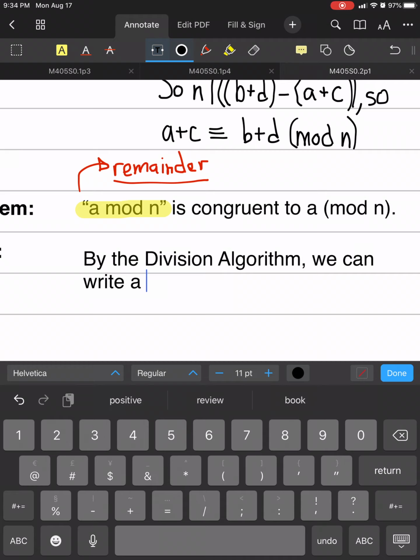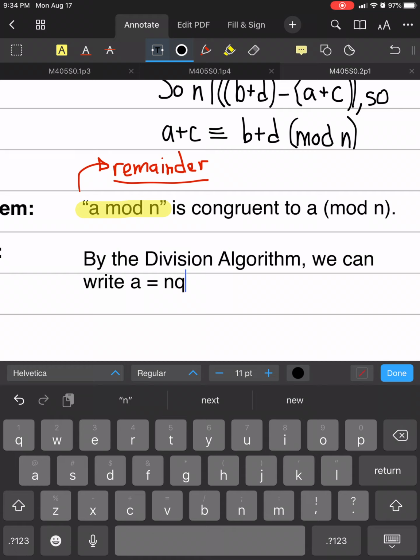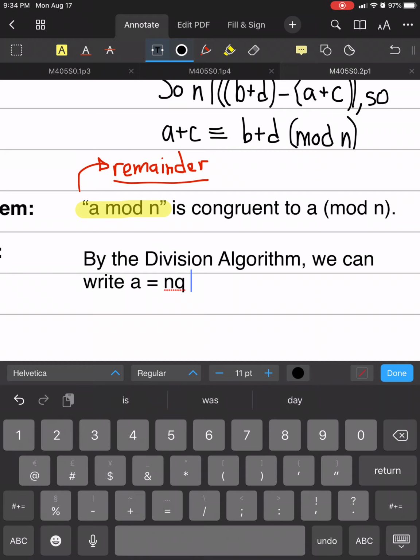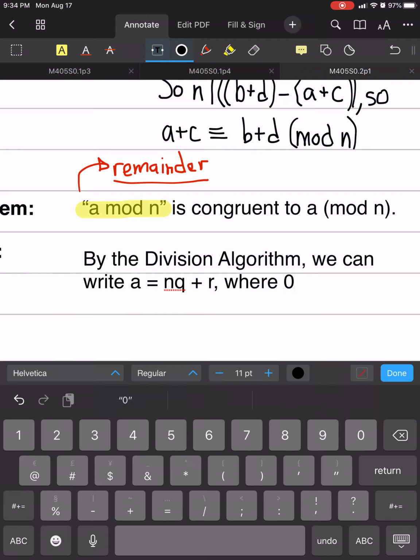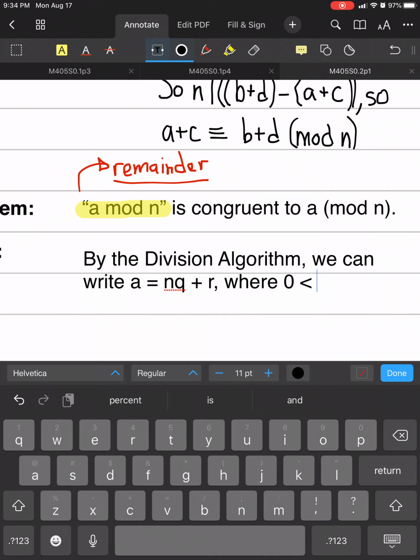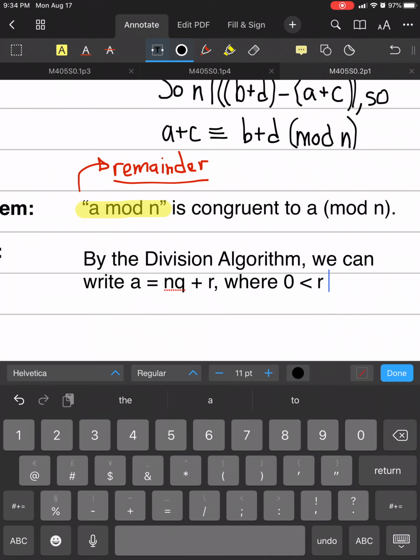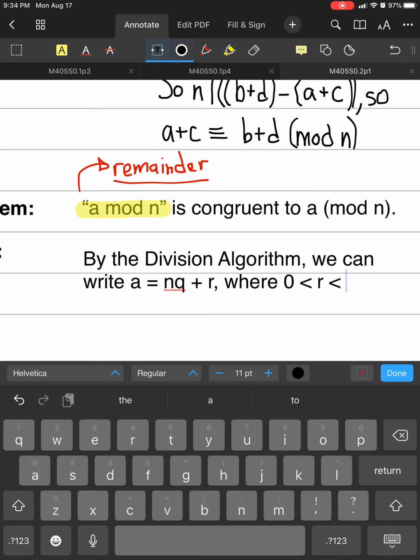a equals nq, thanks autocorrect, plus r, where 0 is less than or equal to r less than n, is our remainder, and r equals what we're calling a mod n.